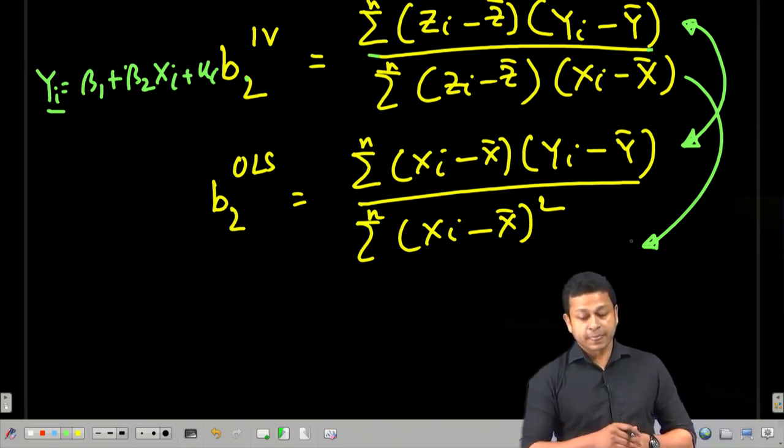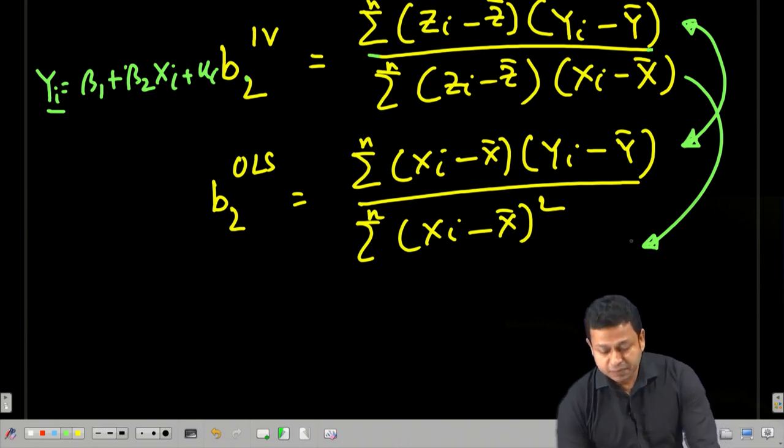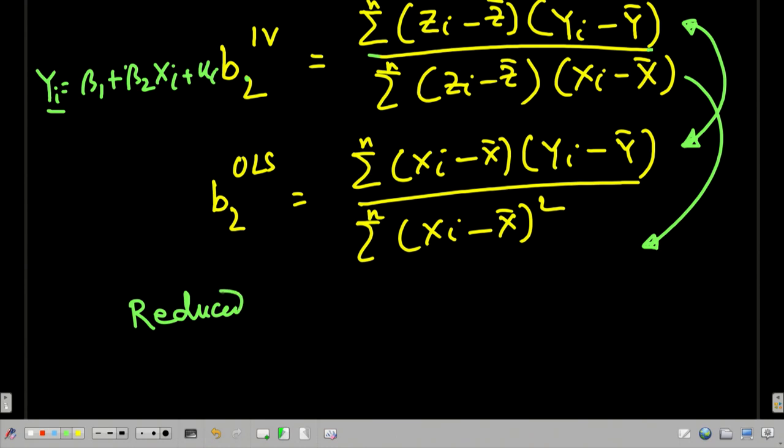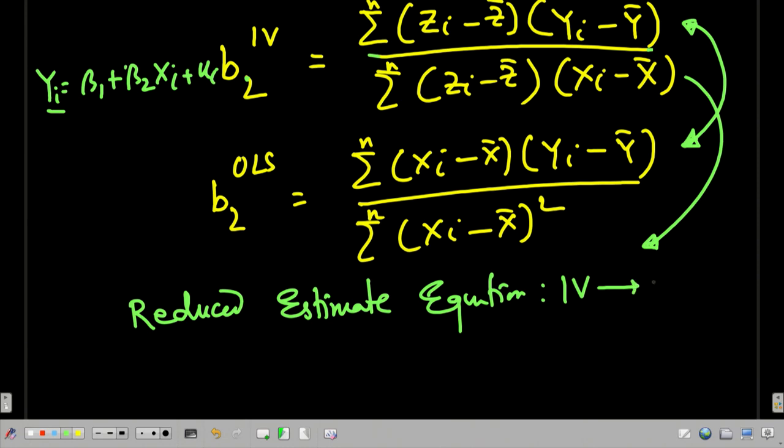If you remember in the previous lecture, when we talked about the reduced estimate equation, we essentially saw the impact of the IV on wage, on y.